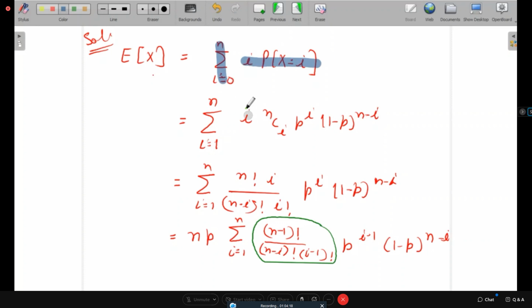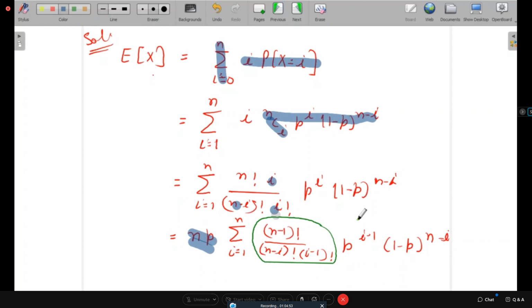Now you substitute the value of the probability that x equals i. Now expand this n choose i. You know what n choose i is: n factorial divided by (n minus i) factorial times i factorial, and if you cancel with this i, you have (i minus 1) factorial here. Now you are rearranging the terms. Something you need to take out is n times p.